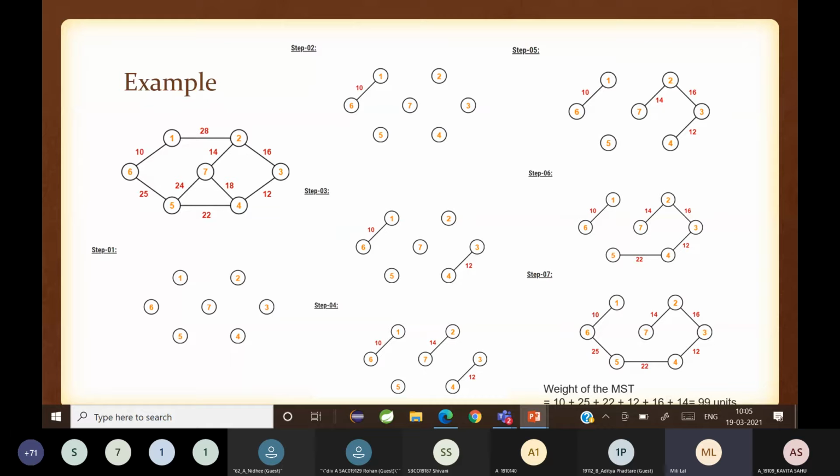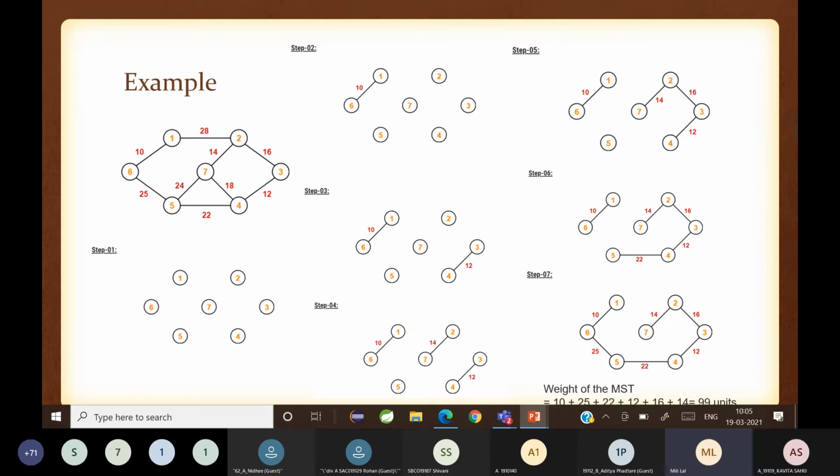See, if Prim's and Kruskal's have unique values, even the graph will be the same. If there are no values repeating, as here the values are not repeating, then if you apply Kruskal's algorithm or Prim's algorithm on the same example, even the graph might be the same. Clear?